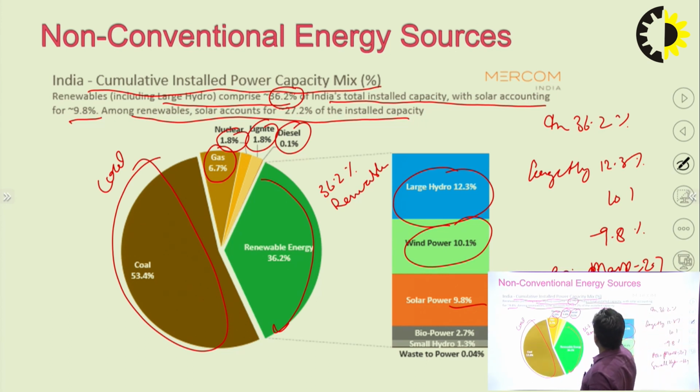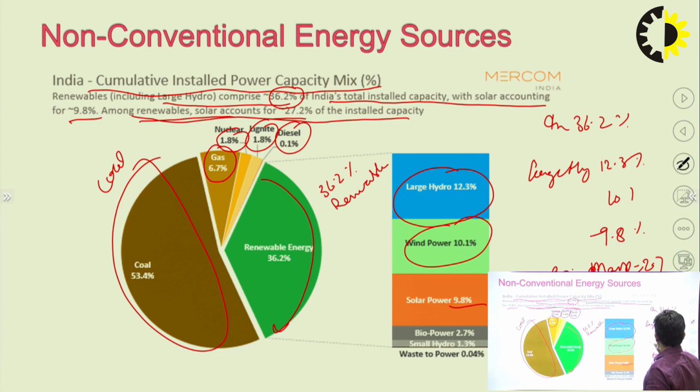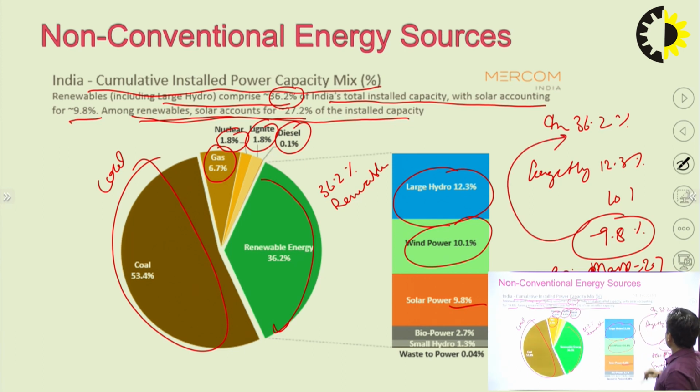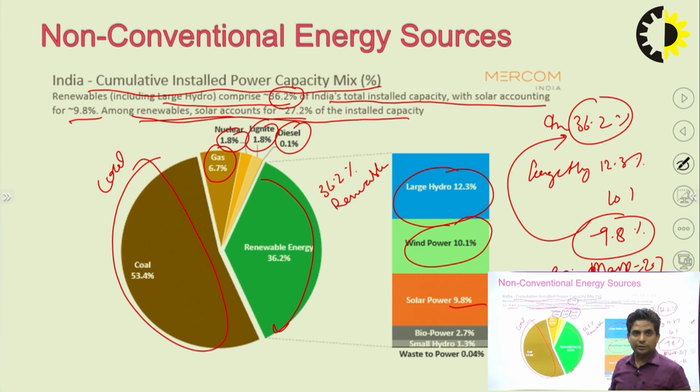So again, among renewables solar accounts for 27%. Solar, which is 9.8%, is 27.2% of the total installed capacity of the renewable sources.